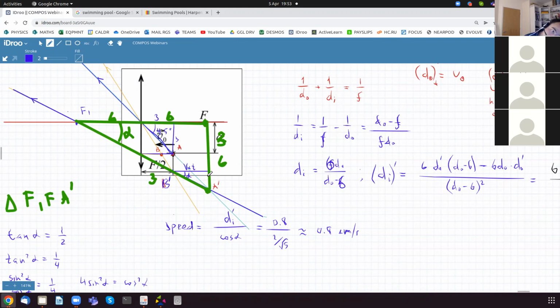Oh, I see. And then just the y speed divided by cosine alpha. Surely the speed would be the Pythagoras of that triangle. But you don't know that. You don't know this side. You don't know the vertical speed.